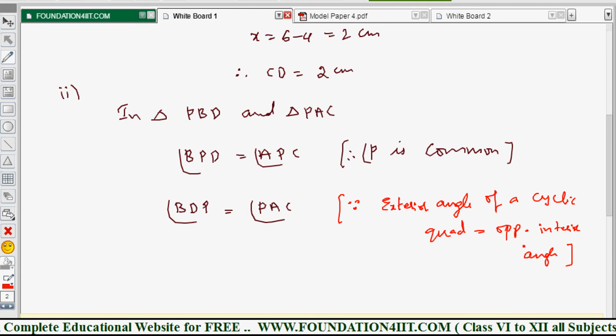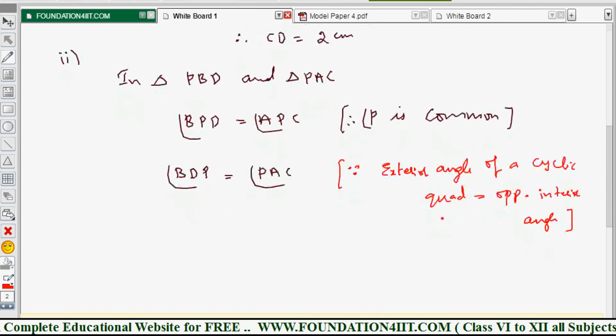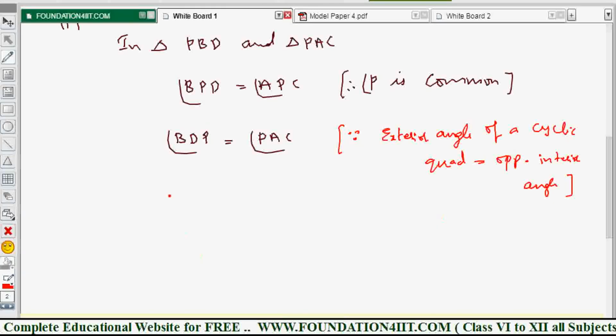They're both equal. So if you apply the AA axiom, triangle PBD is similar to triangle PAC. These both triangles you have to prove similar first. This is according to the AA axiom. If two angles are the same, then the third angle is also the same.